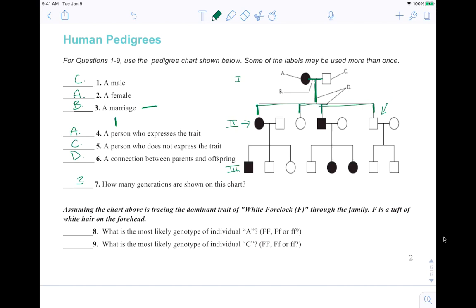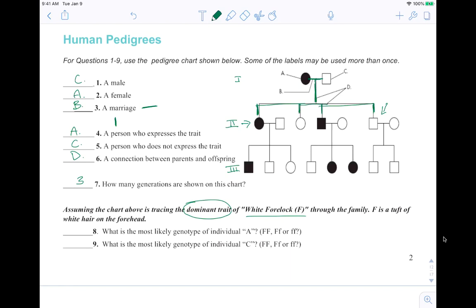Okay, so assuming the chart above is tracing a dominant trait for a white forelock, which just means it's like a little tuft of hair on your forehead, what is the most likely genotype for individual A? Individual A is affected. Okay, I see what they're trying to get you to do. It's a dominant trait.